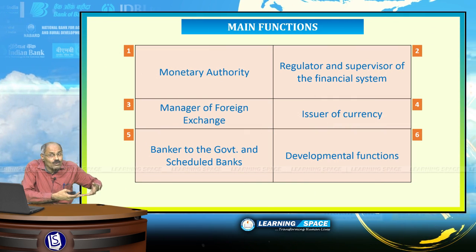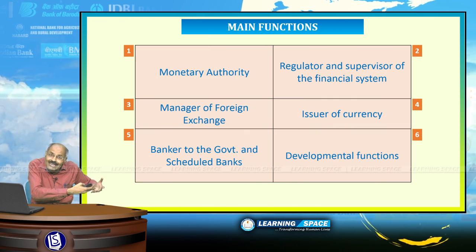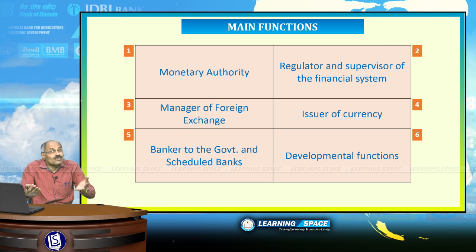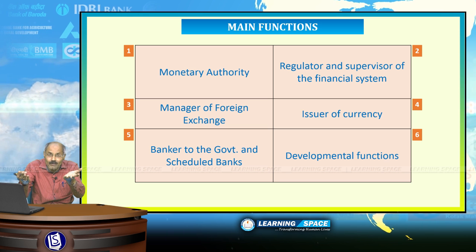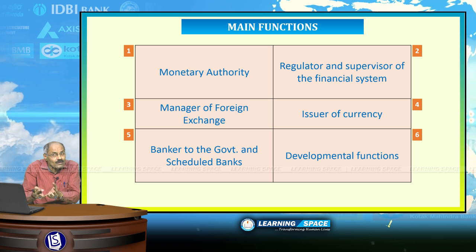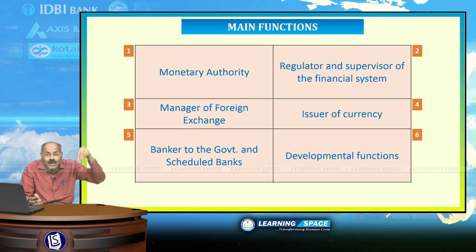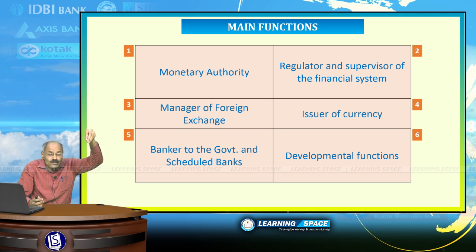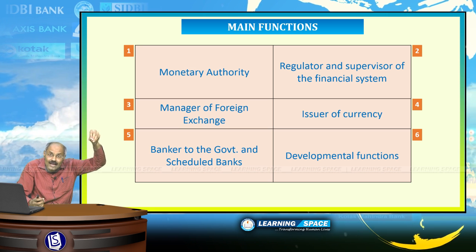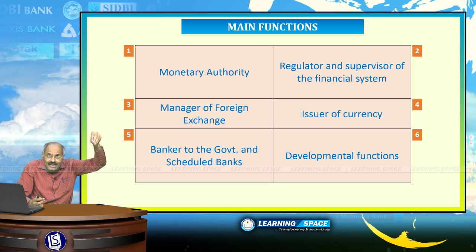And some currency notes are required if some reserves are increased. Some currency notes are required so as to take care of increased GDP. All these calculations are done by Reserve Bank of India. Finally, it is put up to central government for approval. So, the final authority is central government, but recommendation is done by Reserve Bank of India.